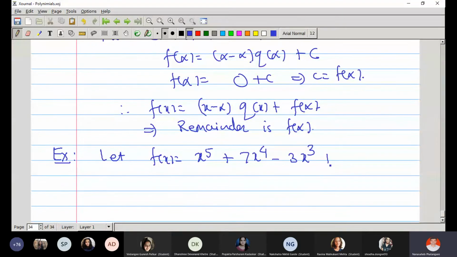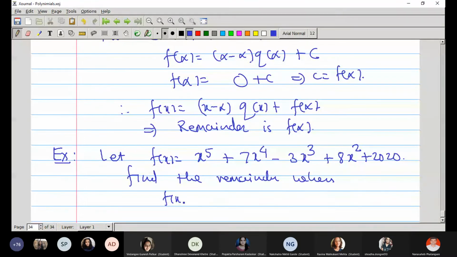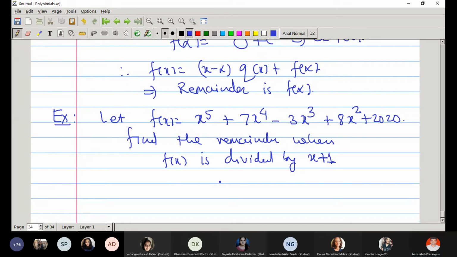Find the remainder when f(x) is divided by x plus 1. Can you tell me what is the remainder immediately in 5 seconds? It is f(minus 1), f evaluated at minus 1, because x plus 1 is x minus (minus 1).